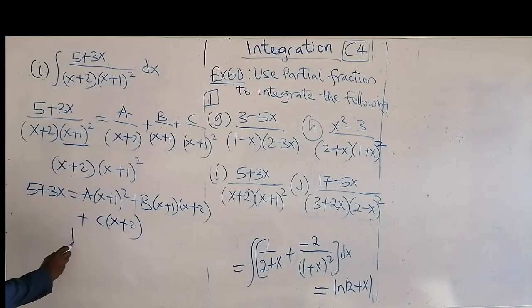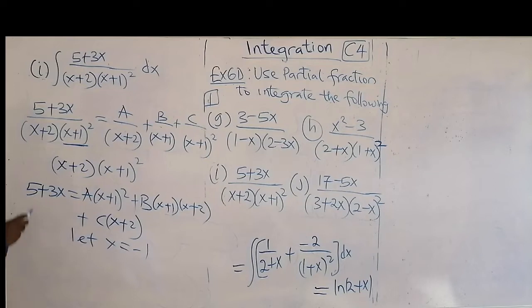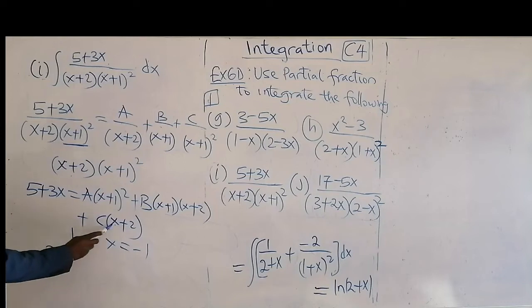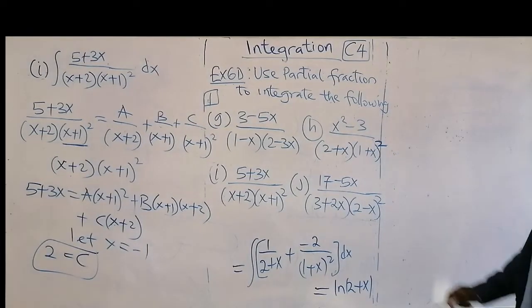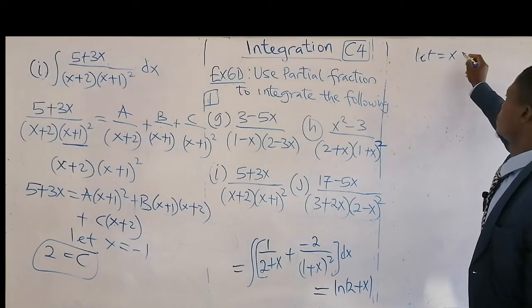So let's begin our substitution. Let x be equal to minus 1. So we have 5 minus 3, that's 2. So this will cancel, then we can get C. So minus 1 plus 2, that's 1. So C is 2. At the same time also, we can plug in x as minus 2.